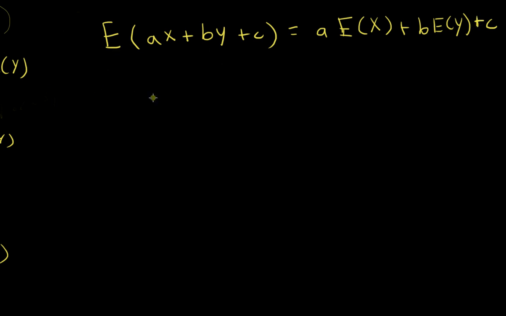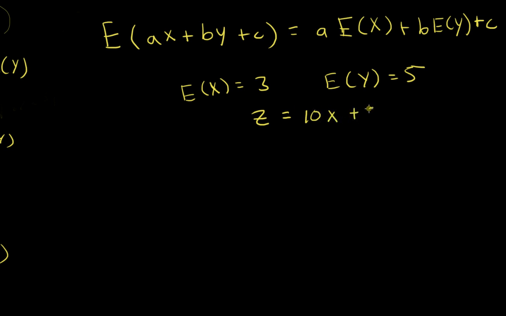Okay? So say someone tells you, or maybe you found, that the expected value of x equals 3, and you found the expected value of y equals 5, for example. Now, if someone were to say, well, let's let z equal 10x plus 3y minus 50, okay?